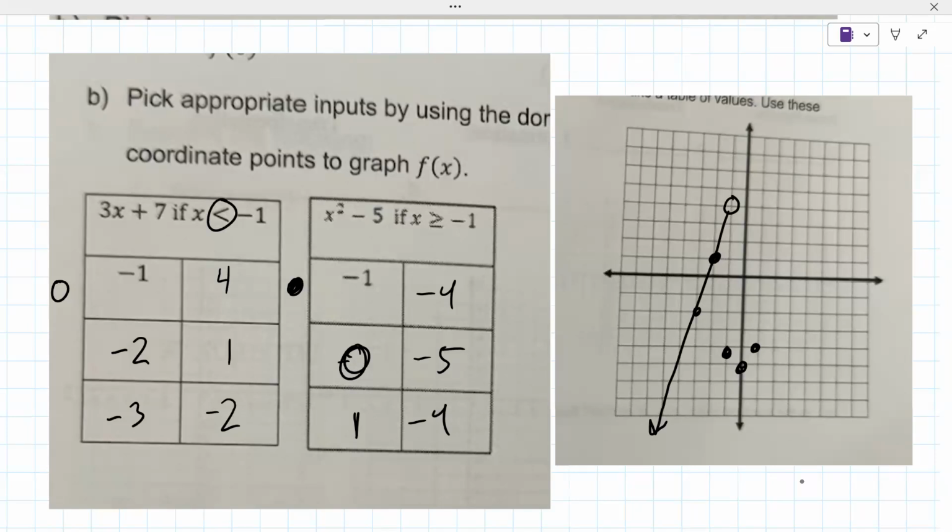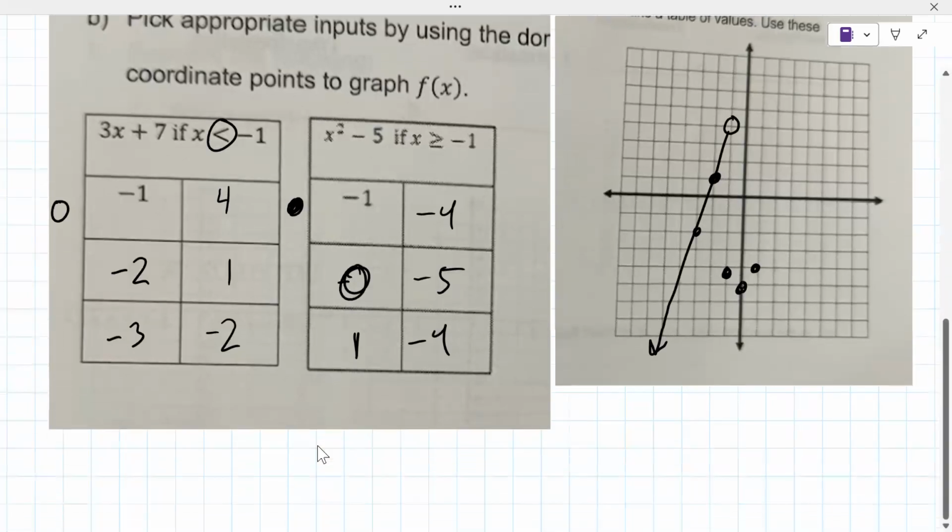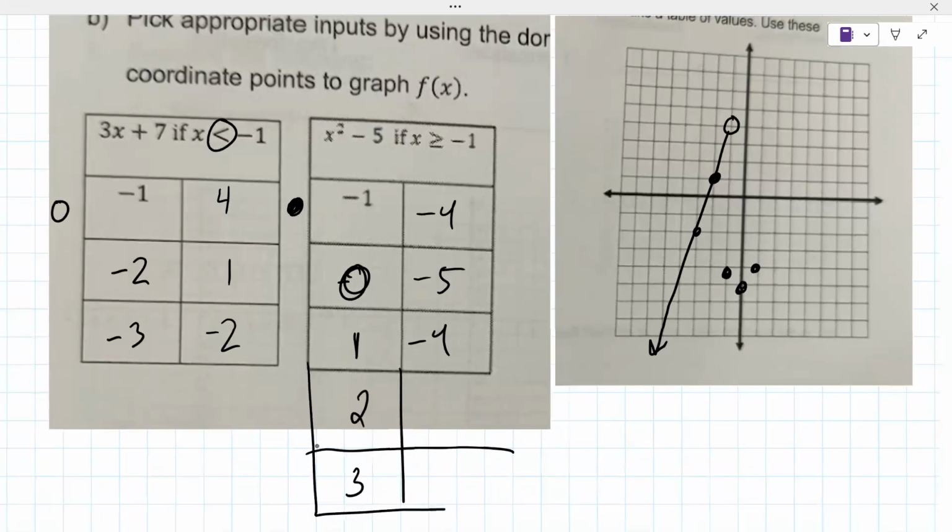We really don't have enough to keep graphing this, so we need to make the table a little bit bigger. We need to add a couple more points to the table.